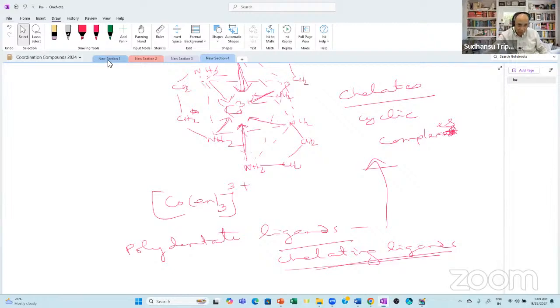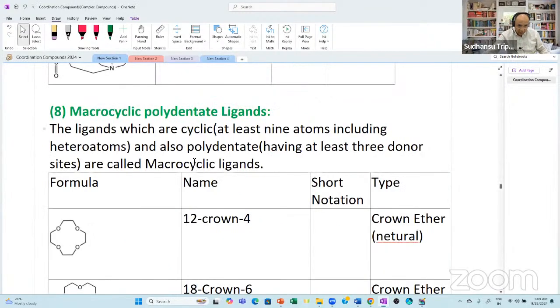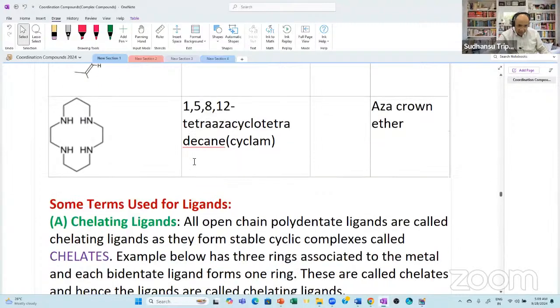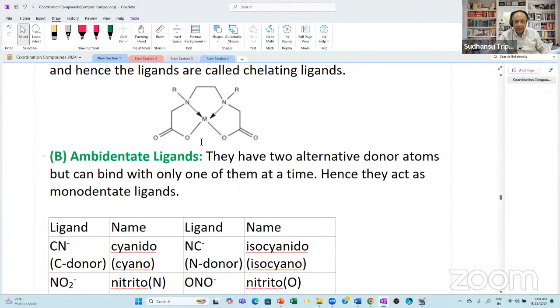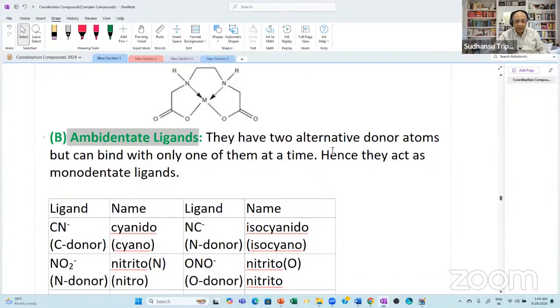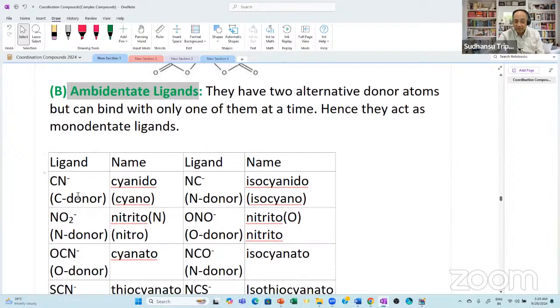And one more term that I have already told you yesterday, ambidentate ligands. They have two alternative donor atoms, but can bind with only one of them at a time. Hence, they act as monodentate ligands. CN minus, if you write CN minus, it will mean carbon donor.